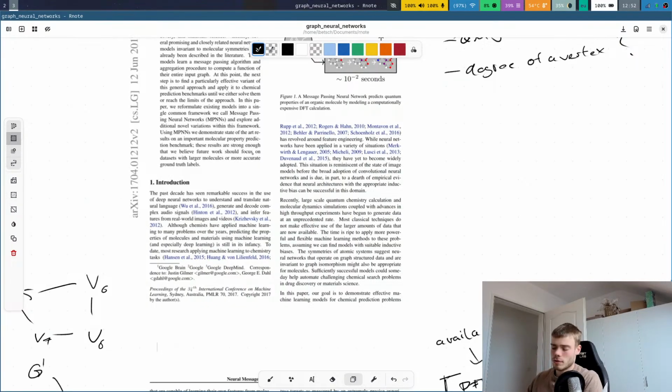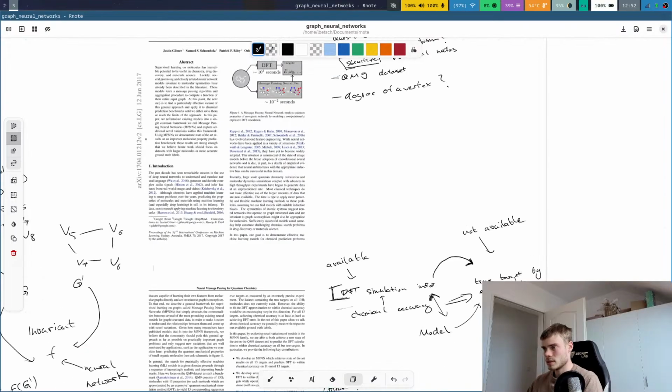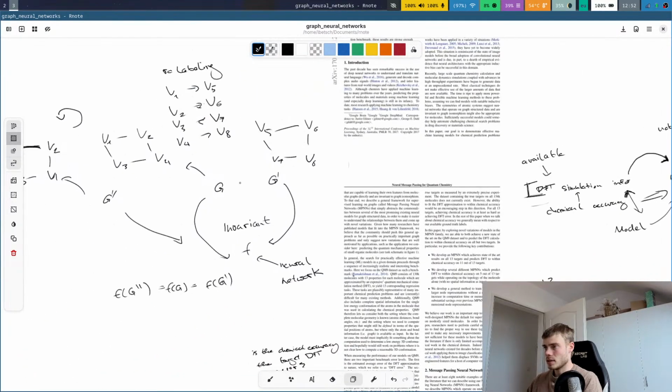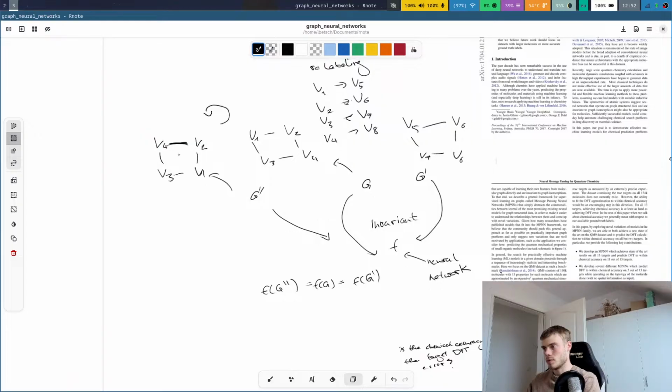And the basic idea of message passing neural networks is that they operate on graphs, and you can use them as a graph mapping function that is invariant to graph isomorphism. So graph isomorphism is the concept of two graphs being essentially structurally the same, but maybe the vertices are mapped a little bit differently, or they're kind of turned around, but the edges are still intact.